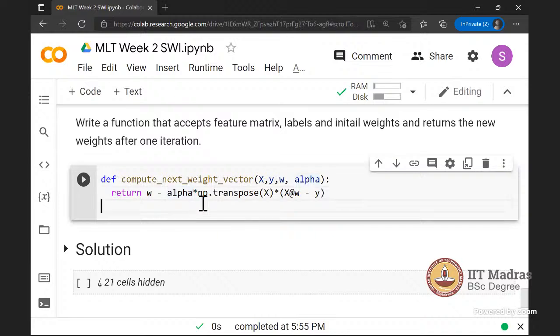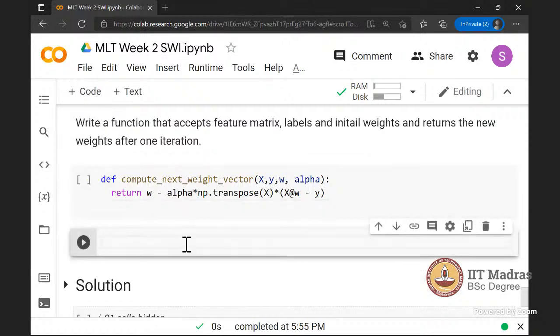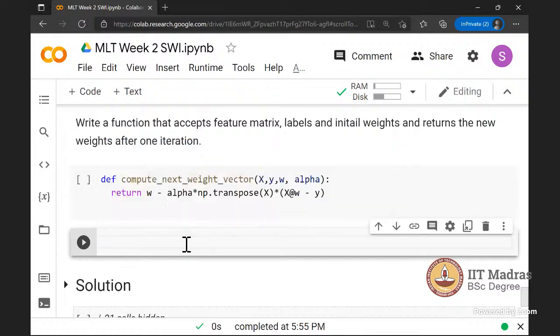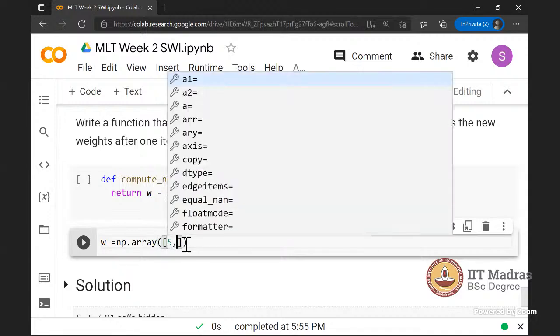So this is definitely going to compute the gradient. Now let's apply this and observe some interesting results. Let's say my W, for now let me just write W, with which we start, is numpy dot 5, 4.